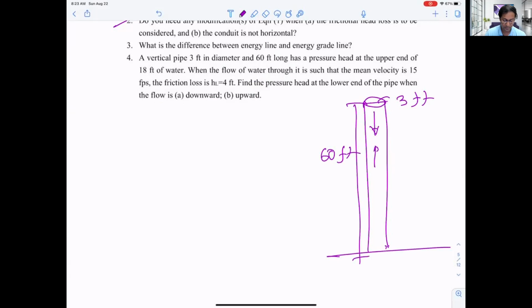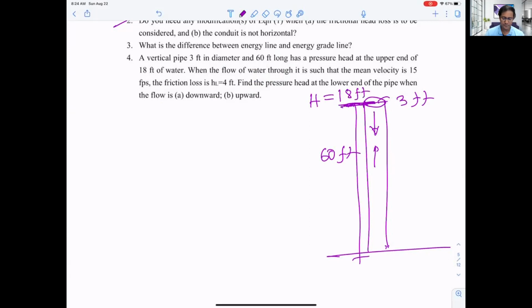It is located at 60 feet, for example at the top of a building, and we have the total head H, which is basically the pressure head. It is 18 feet. Water head is 18 feet.